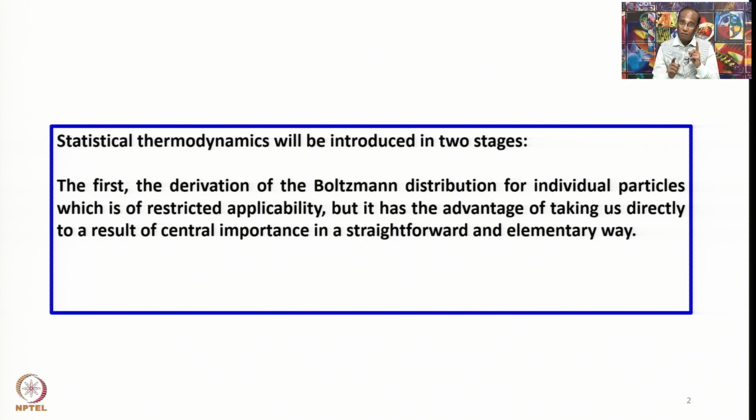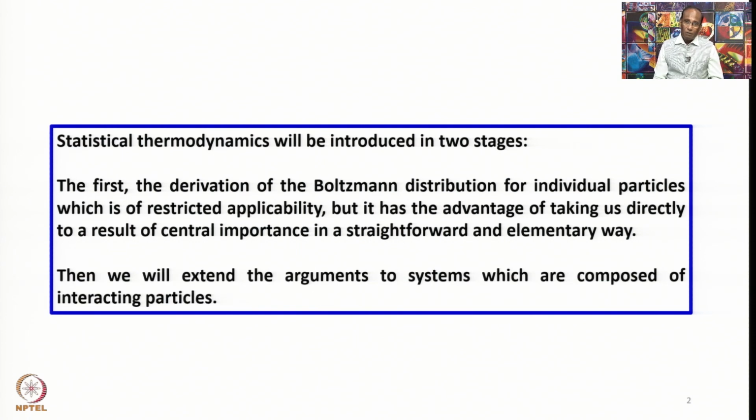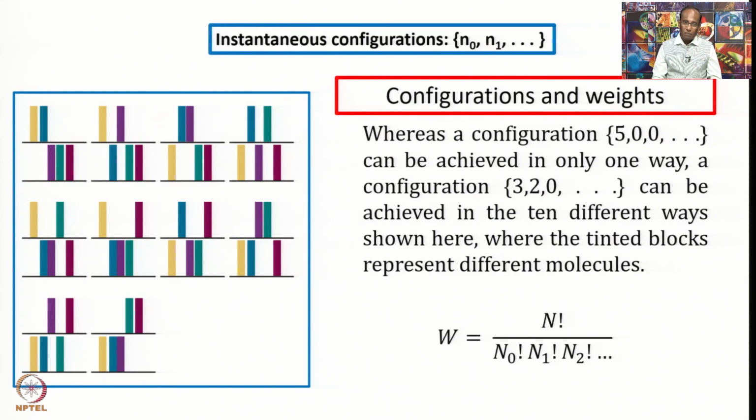Remember that we started with individual particles. Of course, individual particles means restricted applicability, but that was the beginning point. And then we brought in interacting particles. How was that achieved? By considering ensembles. We will go to that discussion also a bit later.